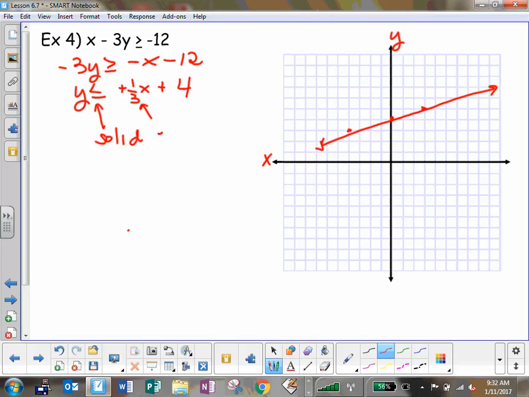There's my positive slope. There's my y-intercept. Where's my shading? Above or below? What does this say? Y is what? Less than. Less than means below. All right, do the last two yourself.